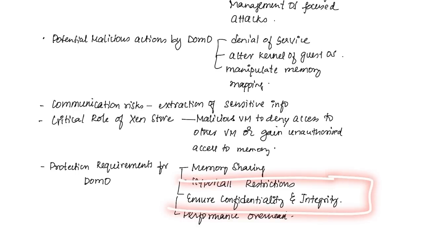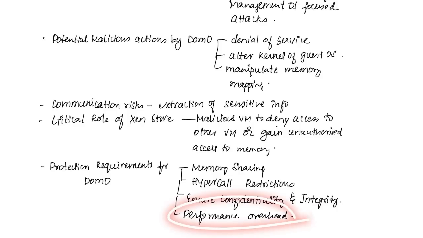Next we have ensuring confidentiality and integrity. The virtual CPU registers and memory should be encrypted during the save and restore operations. Next we have performance overhead. Increased security measures such as encrypted memory or encrypted virtual CPU states can also lead to significant overhead. Yes, security is important, but increased security measures can also lead to problems.